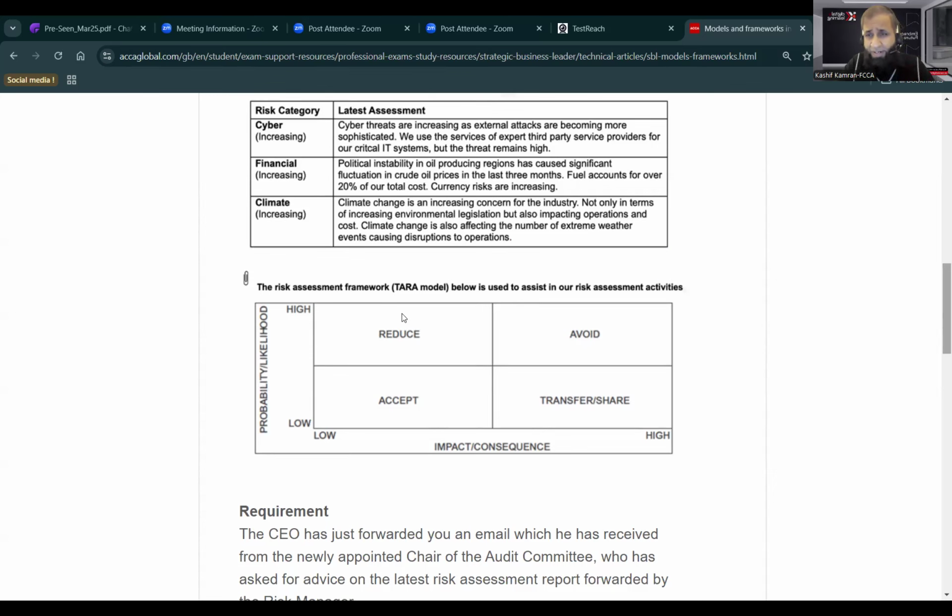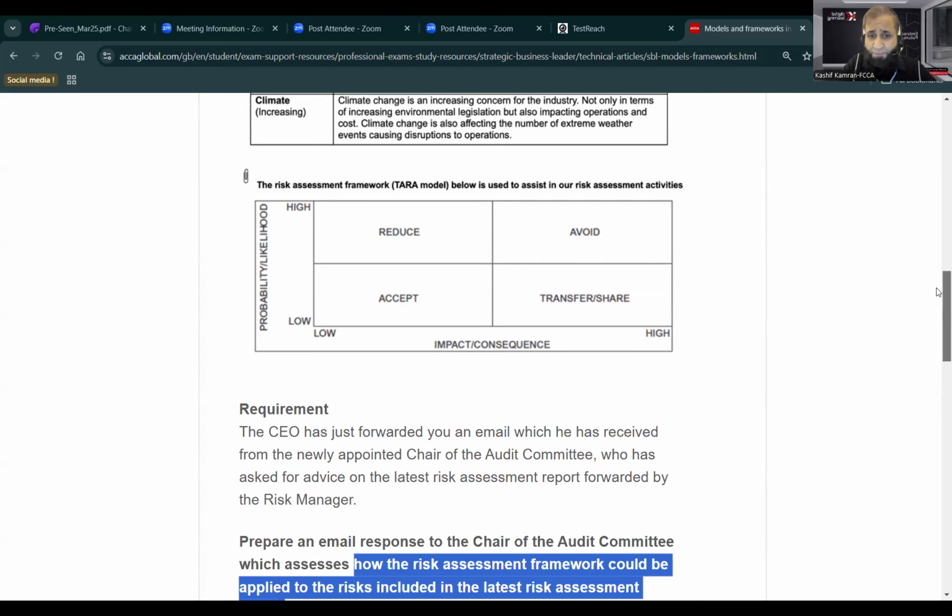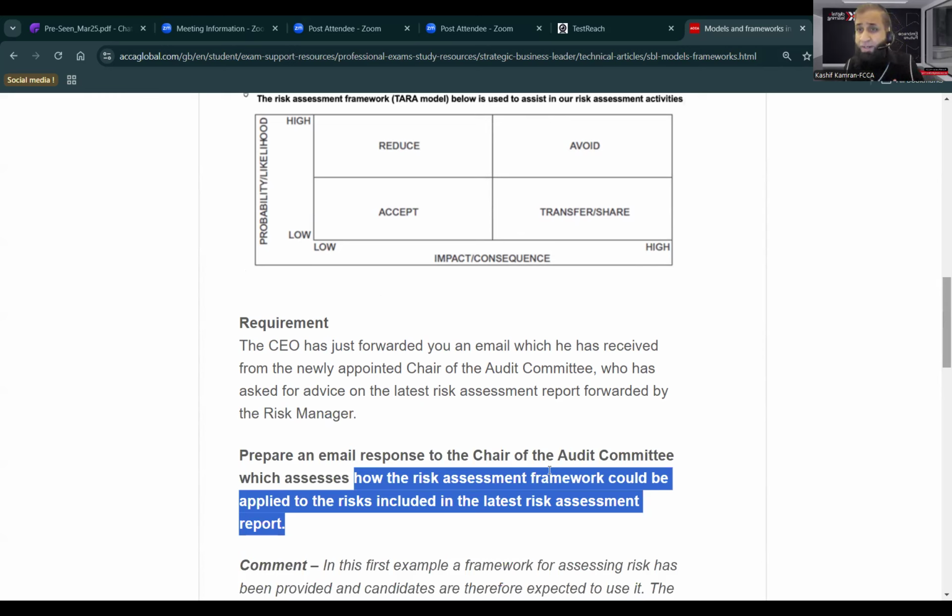So is everyone clear that at times you read a requirement and the requirement is telling you about a risk assessment framework? There are so many risk assessment frameworks, right? Even the COSO ERM. But if the exhibit had not given me the TARA model, I could have used any. But now the exhibit is giving me the TARA model, so I have to use the TARA model in my application to this answer.